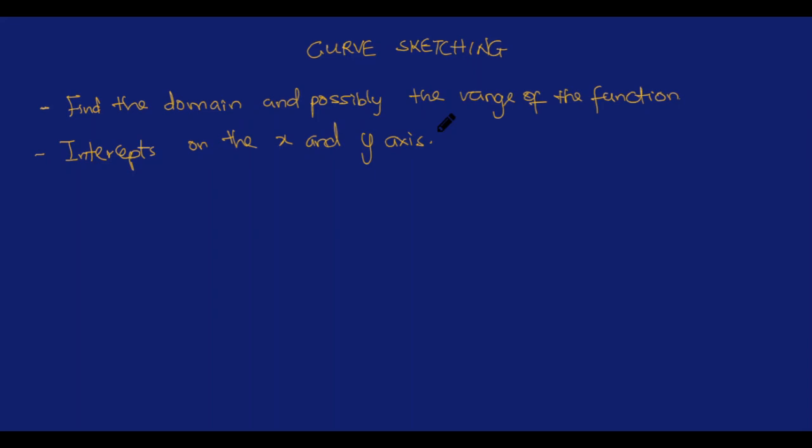That is, we are looking for the point at which the curve cuts the x-axis, and at the x-axis, y is equal to 0. Likewise, to find the intercept on the y-axis, we set x equal to 0 so we can obtain the point at which the curve cuts the y-axis. At that point, if the point lies on the y-axis, then x is equal to 0. And that's how we obtain the intercepts.